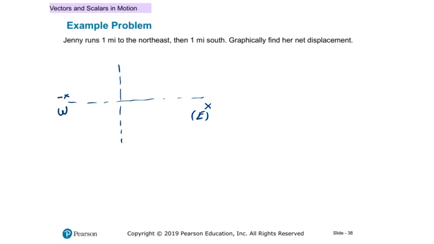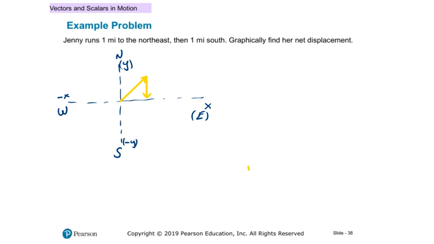This one is just asking graphically, so I'll quickly draw. Jen runs 1 mile north, east, and then 1 mile south. Overall, show her displacement. x or east, right, west will be minus x. North will be y, and south minus y.